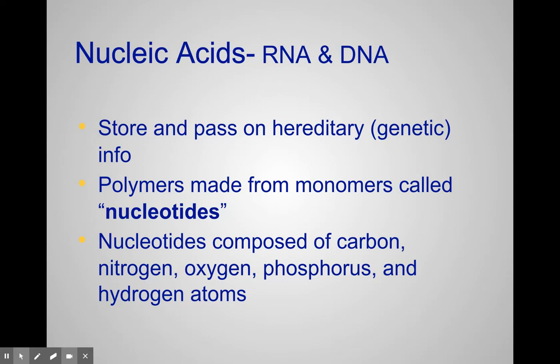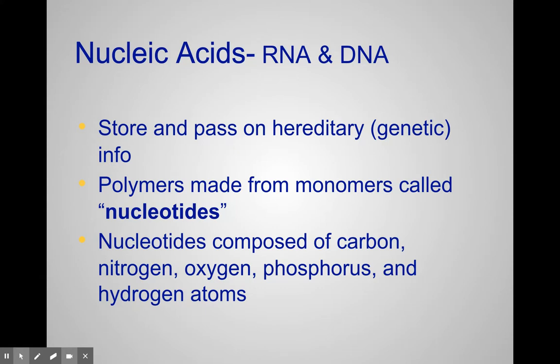So finally, our fourth group of biological molecules are nucleic acids. Nucleic acids are complex macromolecules that store and transmit, or pass on, hereditary info. So this is what passes on genetic information.